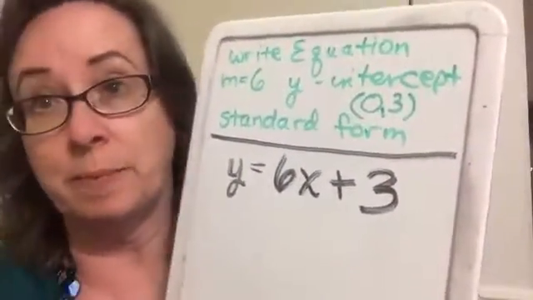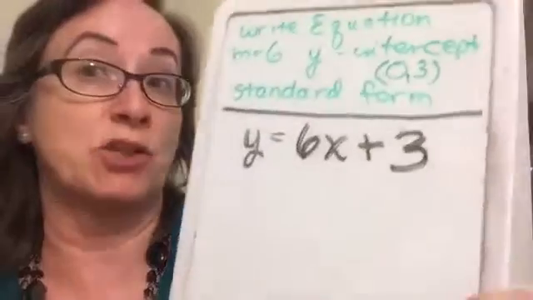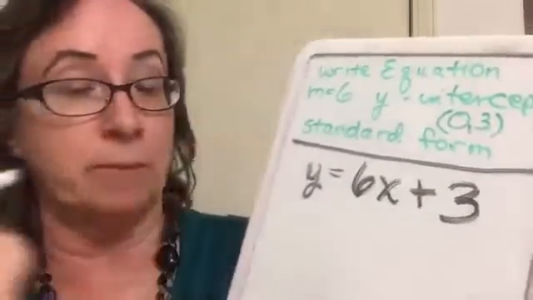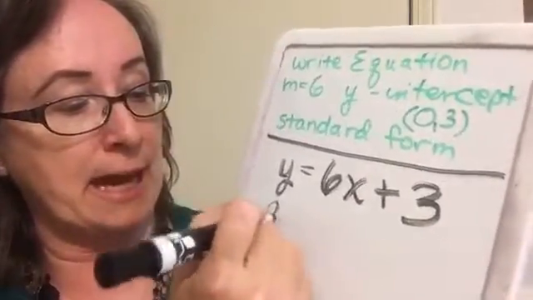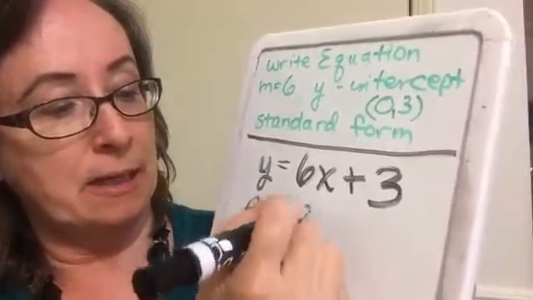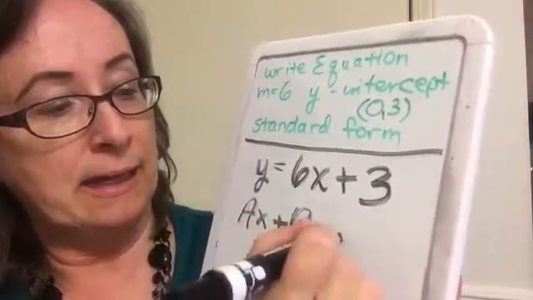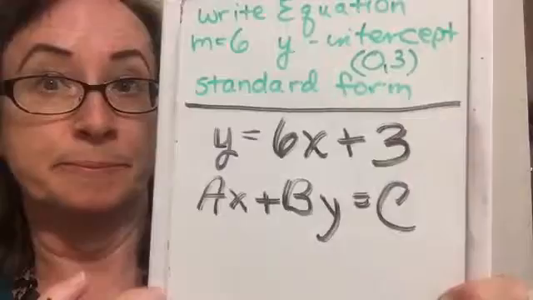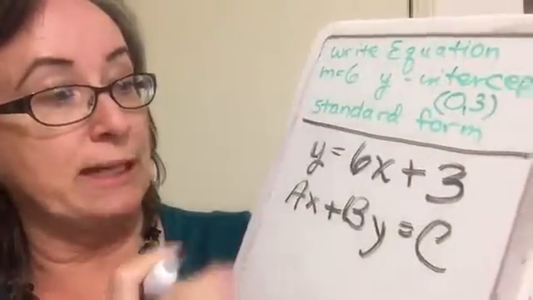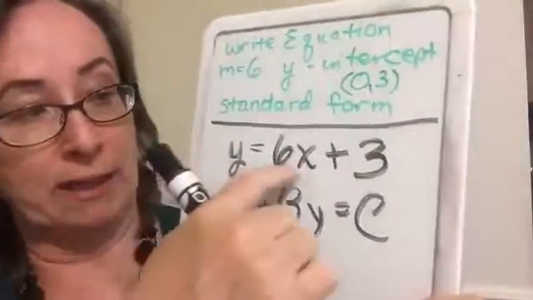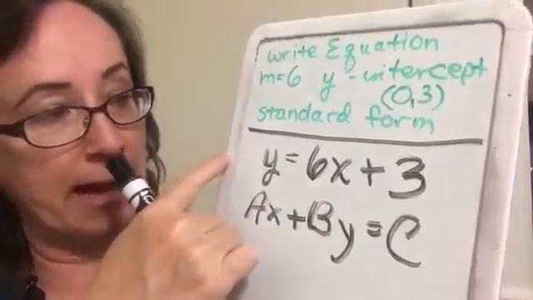So that is in slope-intercept form. And now we got to turn it around to standard form, which of course is ax plus by equals c. So now we need to turn this around. We need our x on the left with the y.